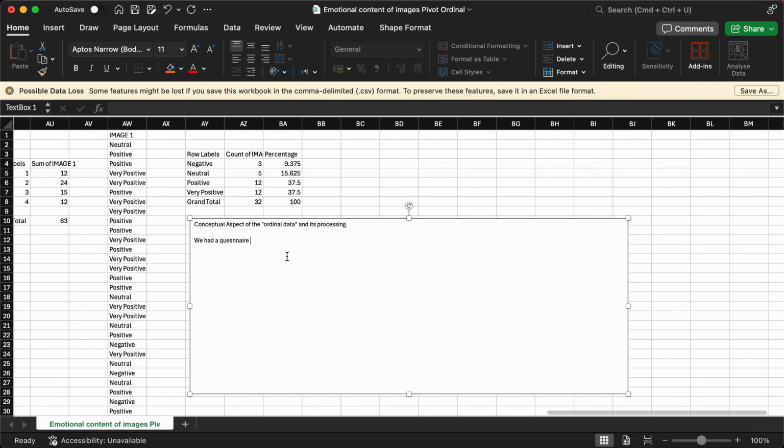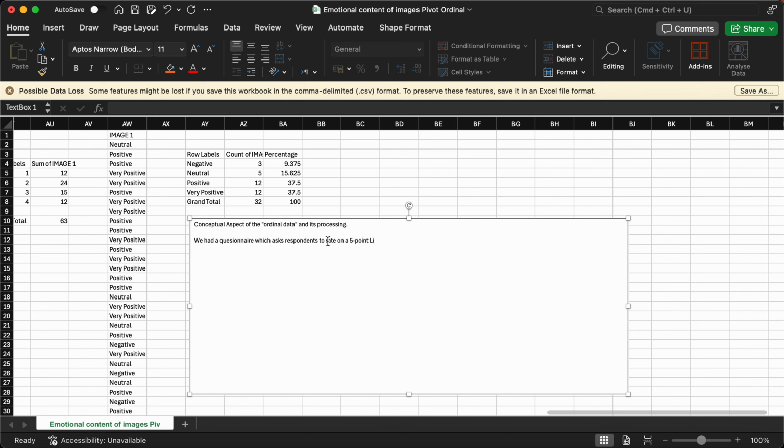Which basically does the rating. We had a questionnaire which asks respondents to rate on a 5-point Likert scale.